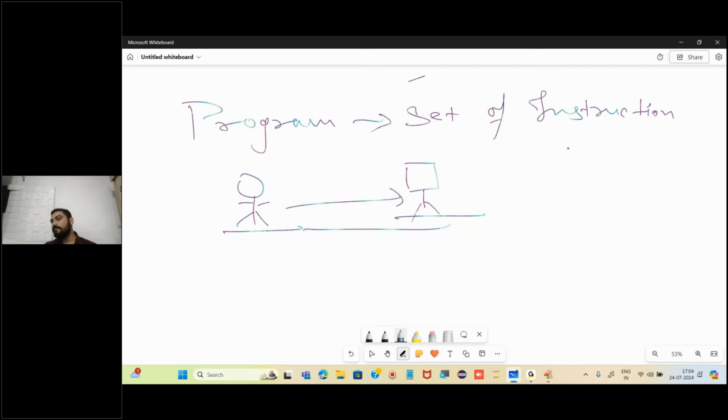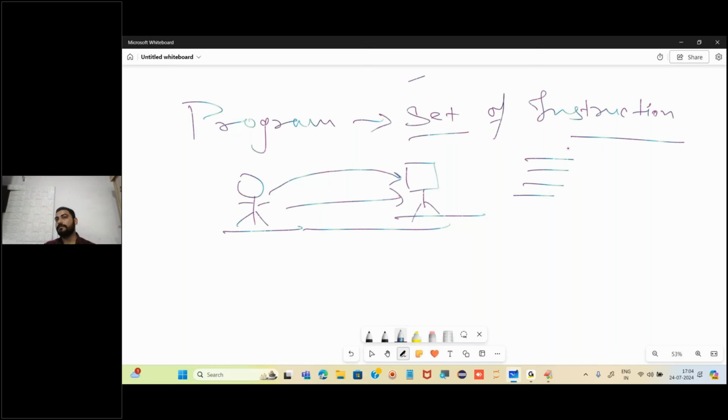To communicate with the system, that's it. And we make some application by that only. We make something by writing code, and who is creating that? The system is creating, right? So for this also we have to give some instruction that in this format or in this manner you have to write it, or you have to create the application, right? That is a set of instructions.